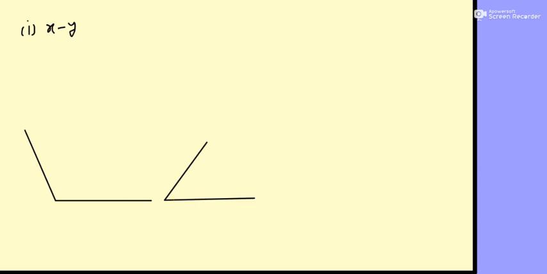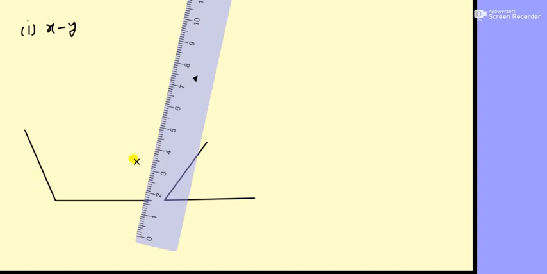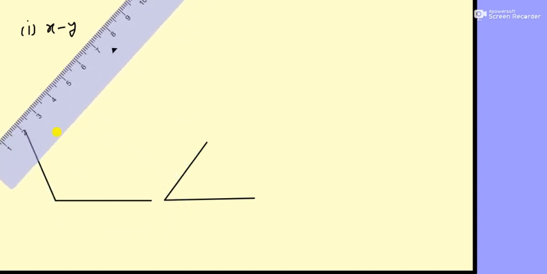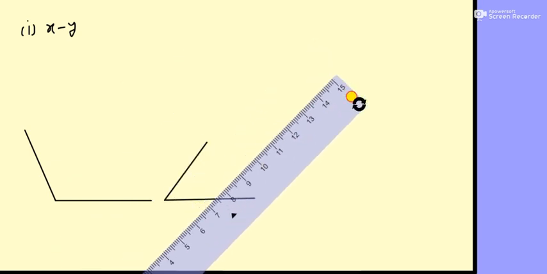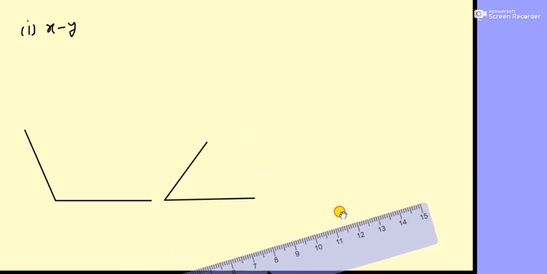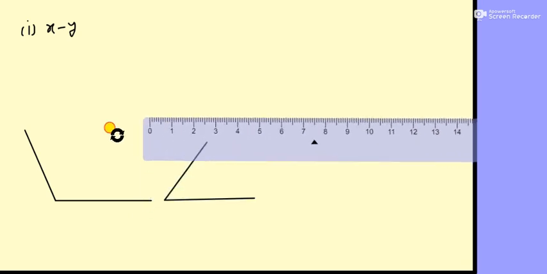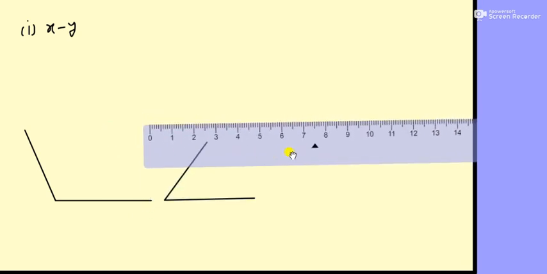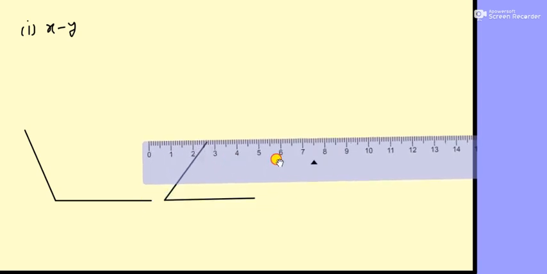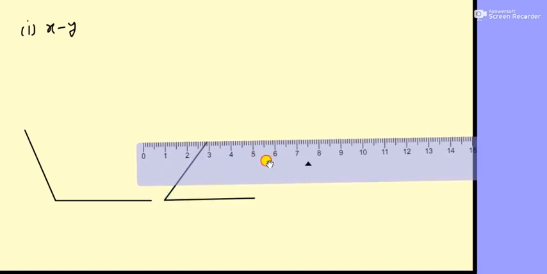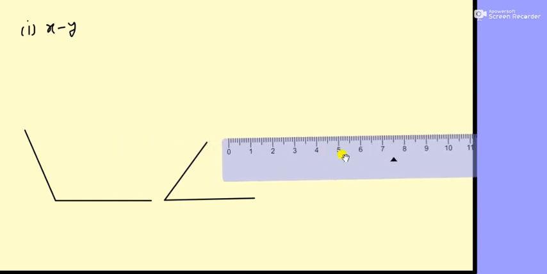So first of all, how can we do this type of construction? Take a scale and draw a line like this, and here you can measure this one.